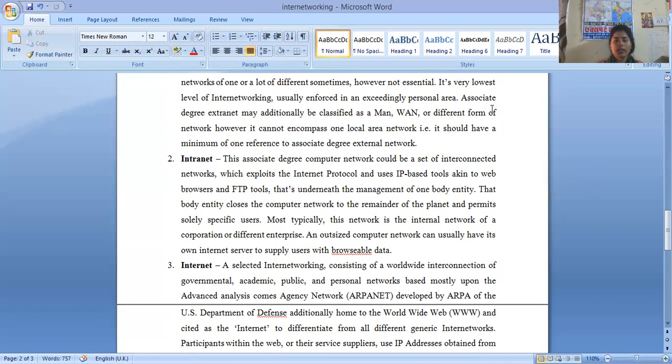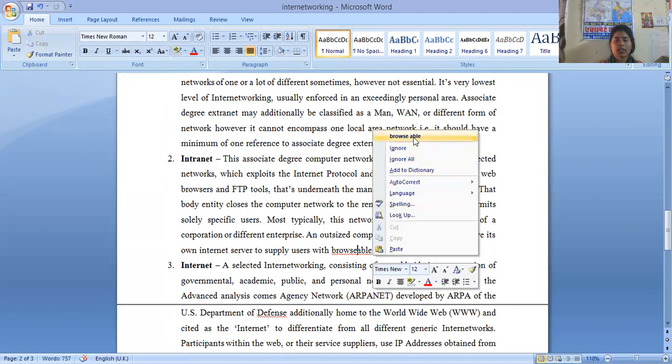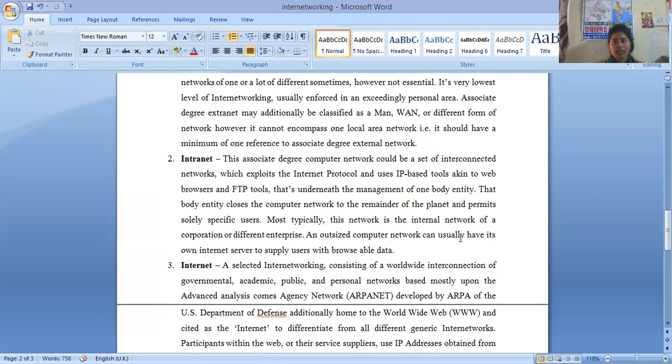The administrative entity closes the company network off from the rest of the world and permits only specific users also. A large intranet will usually have its own web server to provide users with browsable information, like a data house, you can also say, where lots of data is available and from there you are going to access the data.